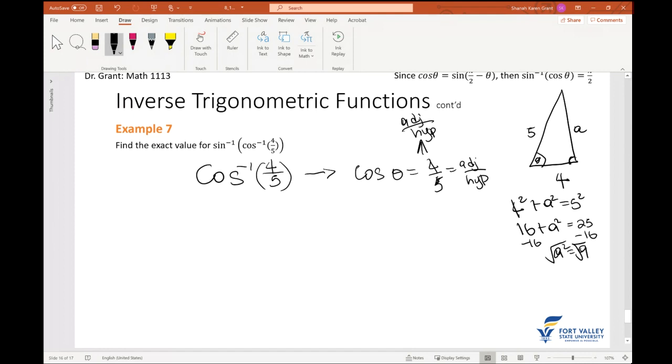And so we get that a is equal to plus or minus 3. Okay, so our triangle is what we call a 3-4-5 triangle. This is actually a common Pythagorean triple. All right, so if we want to find sine of theta, well, this is plus or minus 3, but we have to figure out if it's plus or minus.